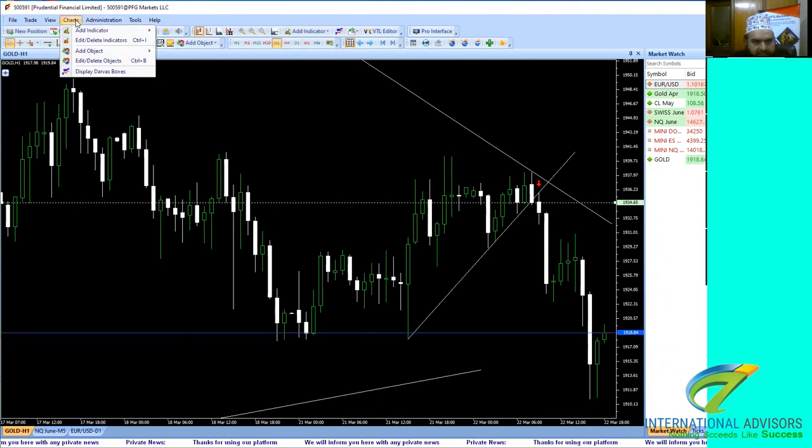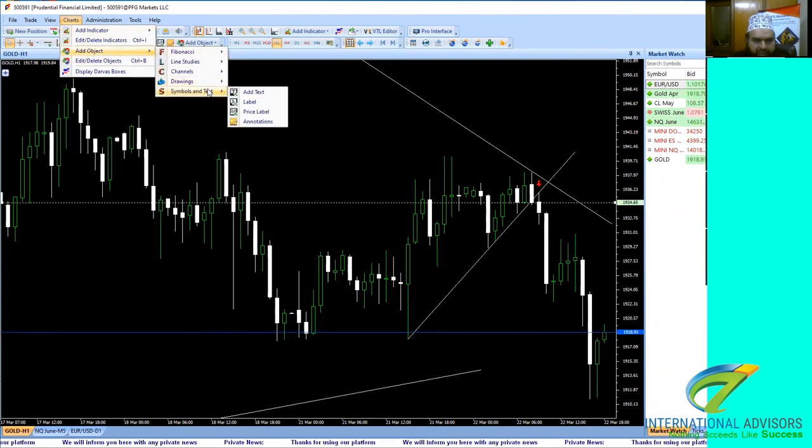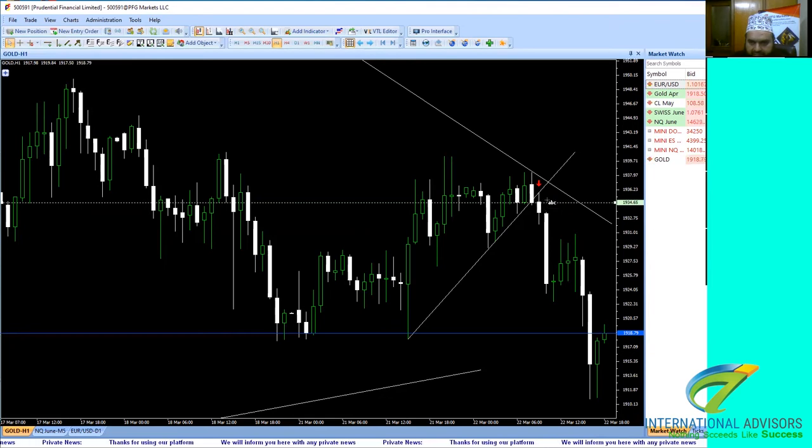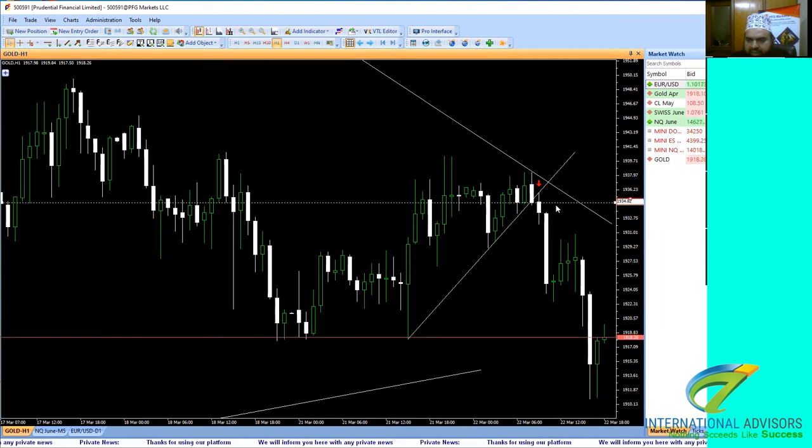If you go to this chart here, then add object here. You can add a text label, price label, whatever it is. For example, here. So on the right side you see 1934.82, this gets fixed, because you have to take a screenshot whenever you execute any trade.